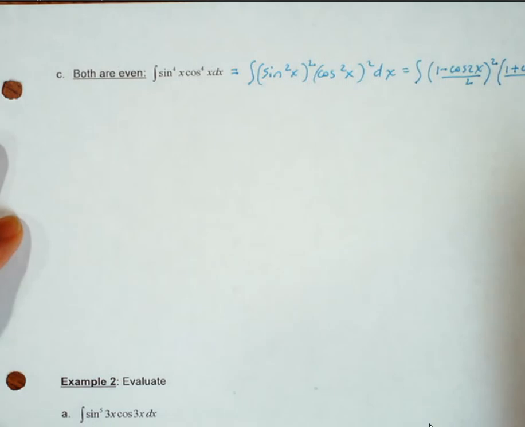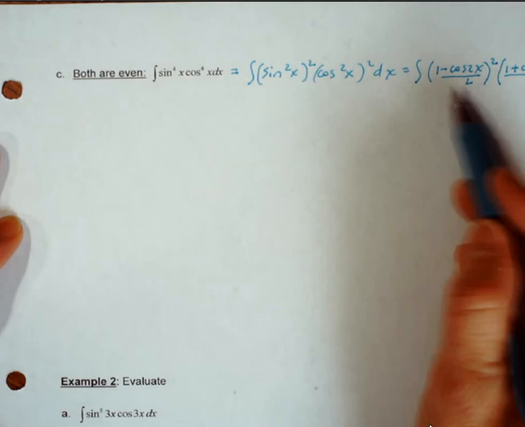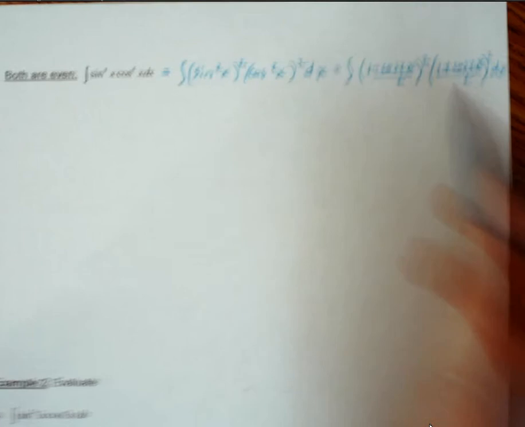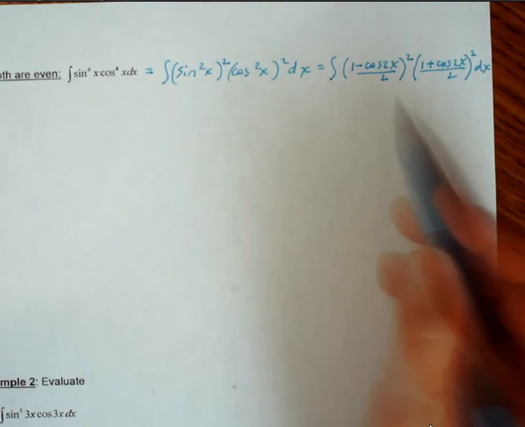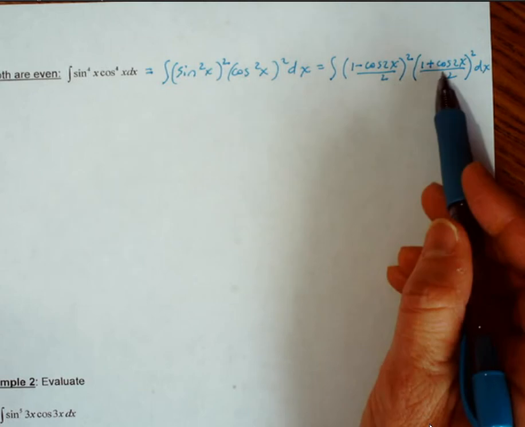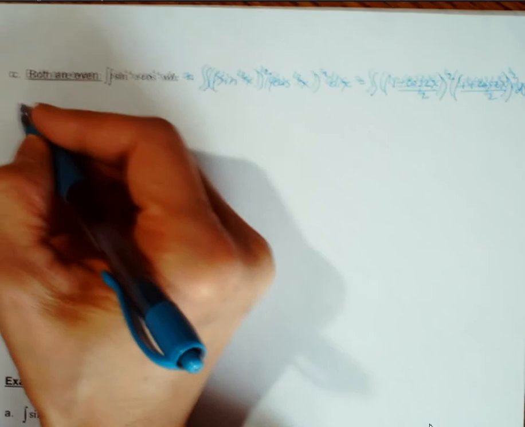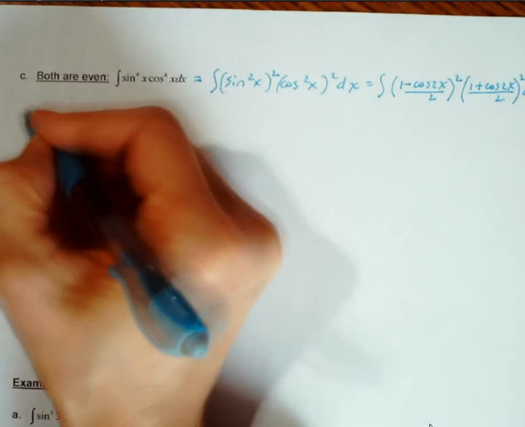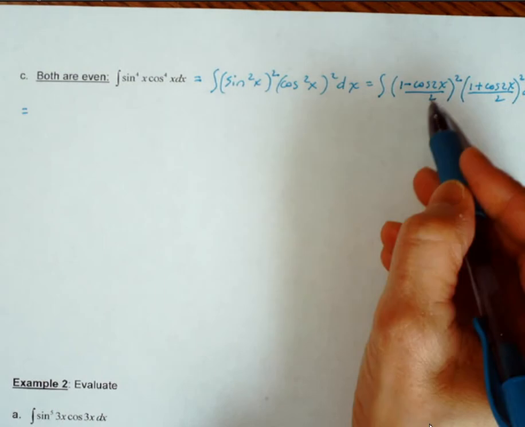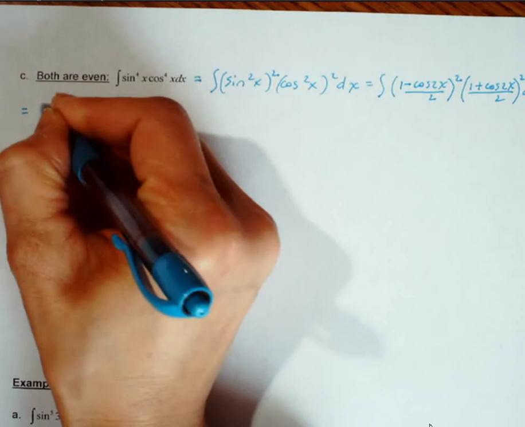Now I need to go through the tedious task of multiplying out this whole thing. Sorry, I think you couldn't see my paper. So I need to multiply out this whole thing here. In my next line, I have a 2 squared in the denominator and 2 squared in the denominator here, so what gets taken out of the integral is 1 over 16.